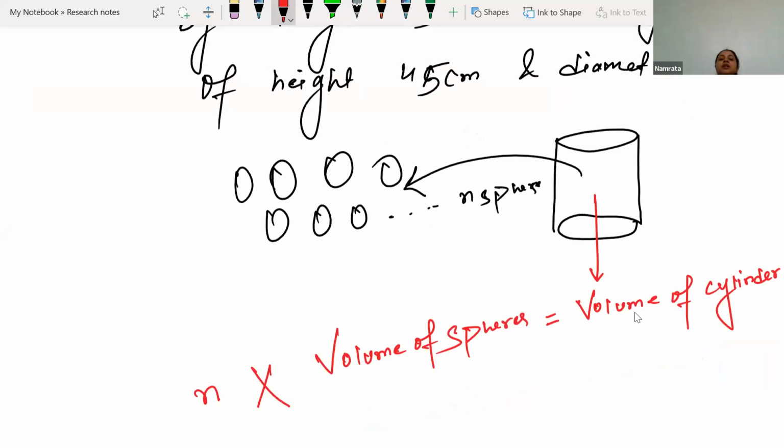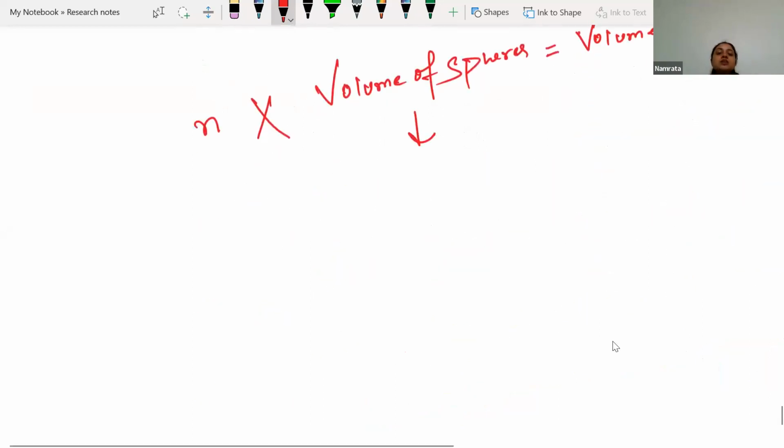So here also we are going to use the same concept, that we are melting a cylinder, but with that material we are making smaller spheres. How many spheres? We don't know. So that's why I have written on the screen that volume of the cylinder is equal to volume of n spheres. N into volume of one sphere, and we know the formula is 4 by 3 pi r cube.